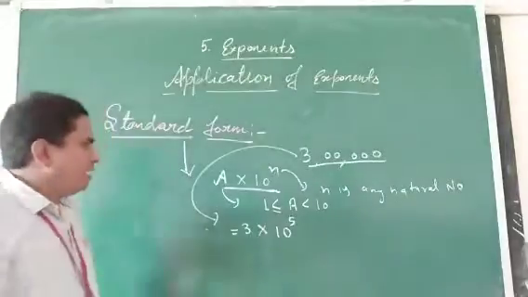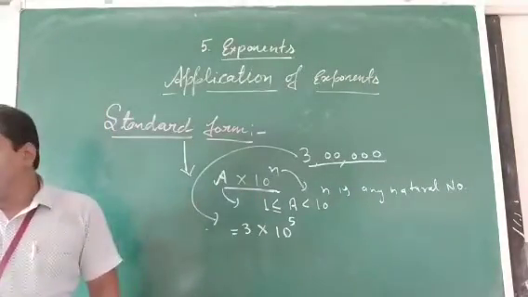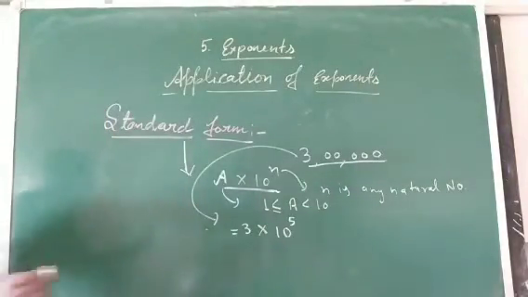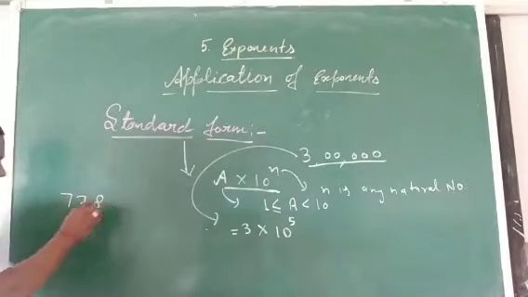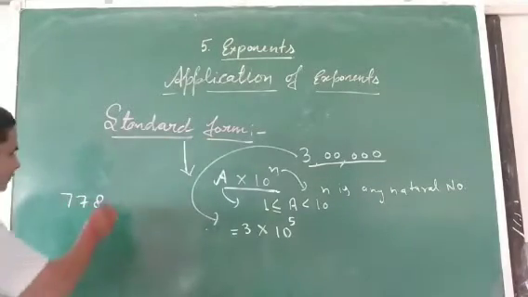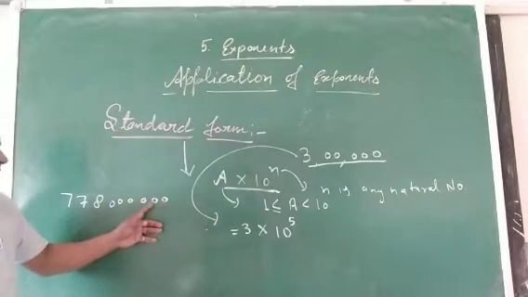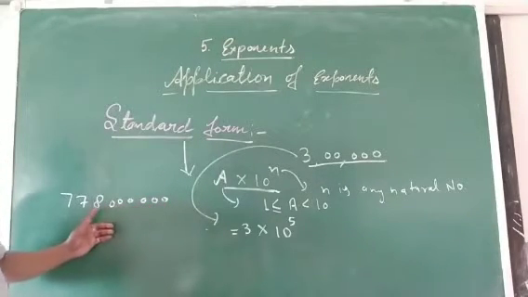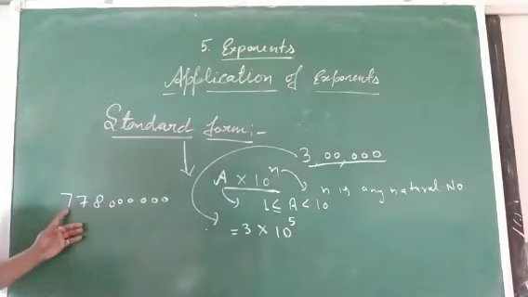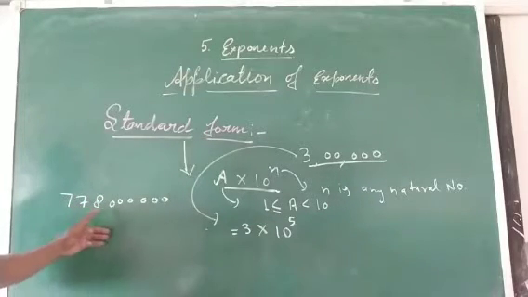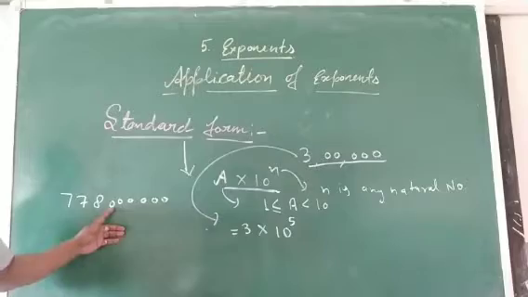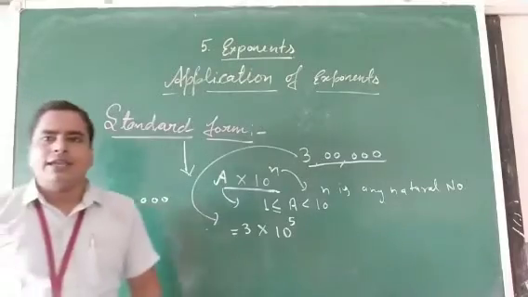Okay, clear? Some more examples you can see. Suppose here the example is given: ones, tens, 100, 1000, 10,000, lakh, 10 lakh, crore, 10 crore. 77 crore, okay, 80 lakh. 77 crore, 80 lakh.